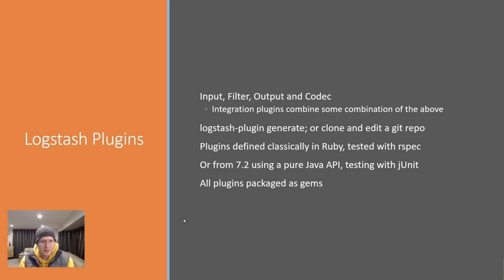That's effectively a Ruby plugin that's doing some backdoor sort of private API stuff to do some Java stuff, and that's all running on the JVM. So that's sort of like a hack, but it's there for optimization.